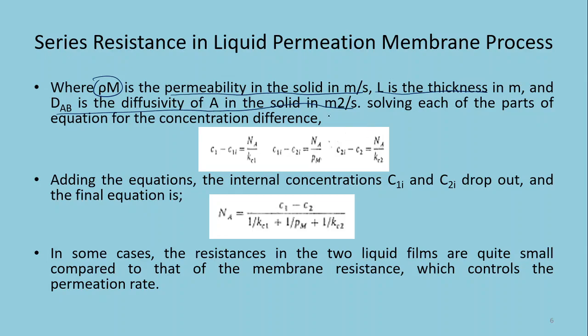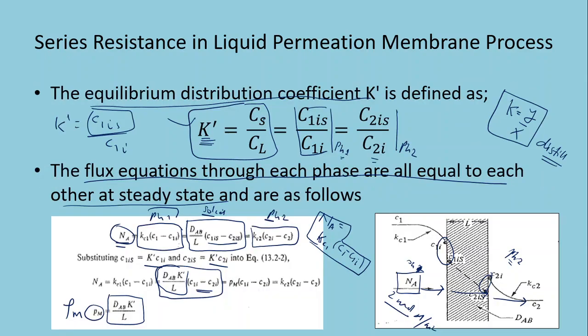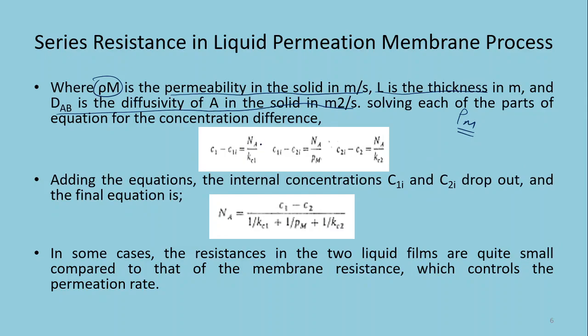Now this rho m replaces the terms in the equations, and simply rearranging them, NA upon Kc1 is equal to C1 minus C1i, NA upon rho m is equal to C1i minus C2i, and similarly for phase 2.